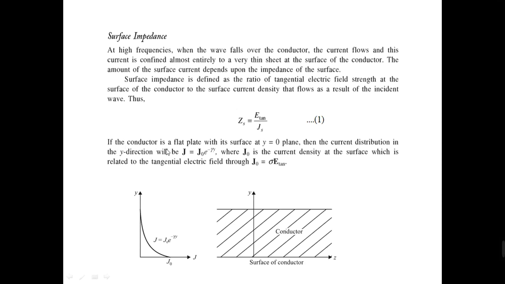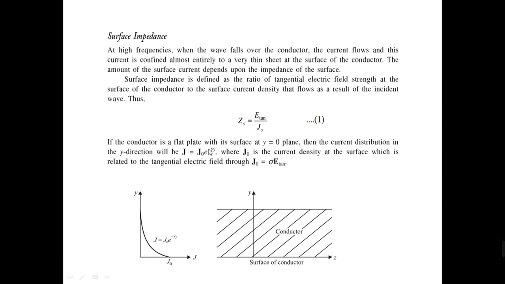Now if the conductor is flat with its surface at the y equal to 0 plane, then the current distribution in the y direction will be J equal to J naught into e to the power of minus gamma y.